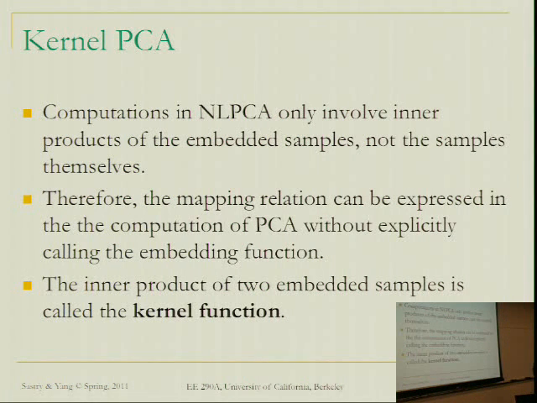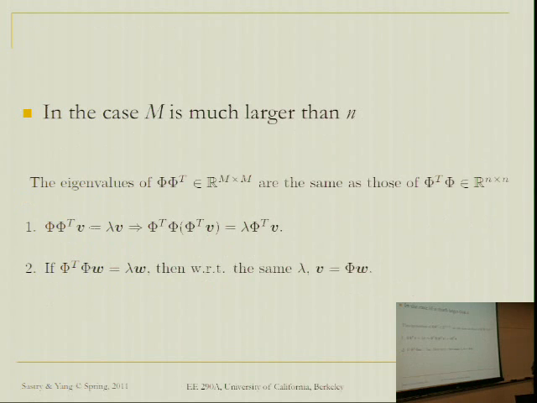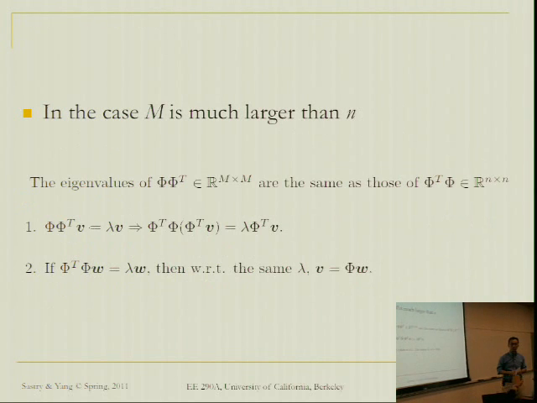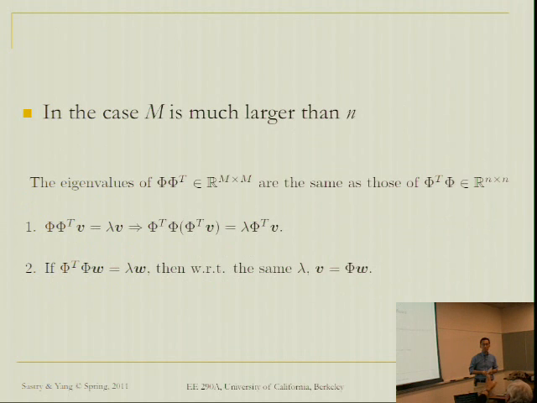Just to pick you on this, phi transpose phi has capital N eigenvalues, and phi phi transpose has small n eigenvalues. The numbers are different. So clearly, what are the ones which are not listed?